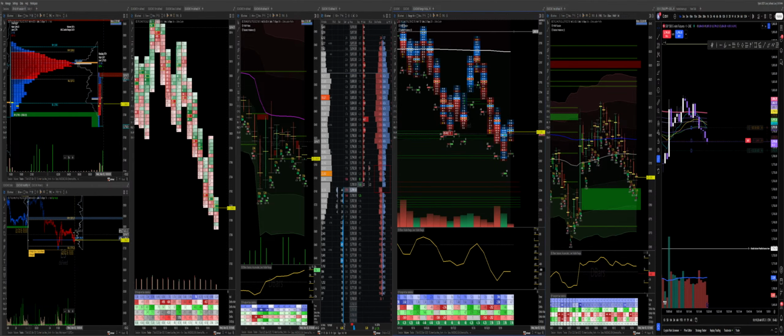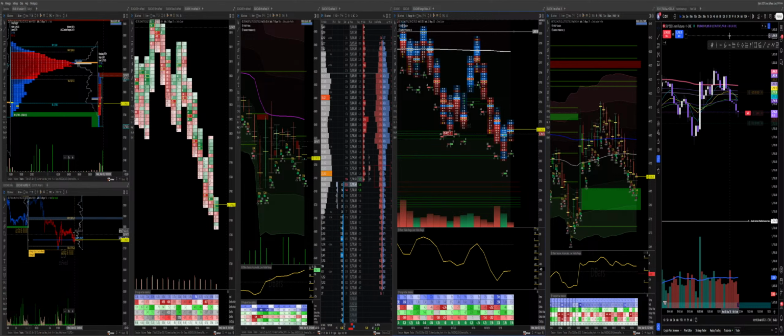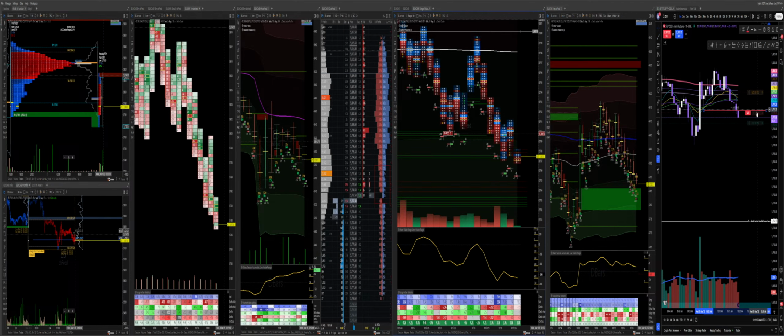We did swing low here. This low has been taken out. We retested it. So the market might be gravitating towards this, to be honest.